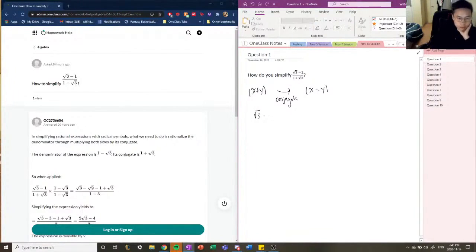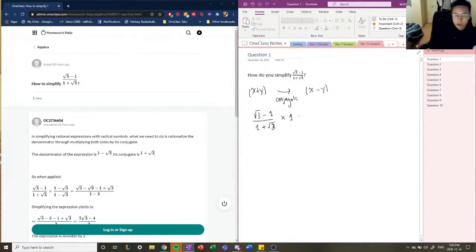So we have root 3 minus 1 over 1 plus root 3. The conjugate of the denominator, 1 plus root 3, is 1 minus root 3. A very clever technique is that we're going to multiply this term by 1. Whenever we multiply anything by 1, it's the same term.